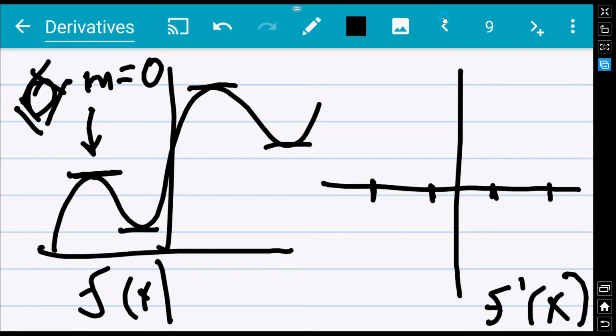Now, we can see that this whole function is positive until here. There it's going to go down, but it doesn't matter. We're just looking up to here.